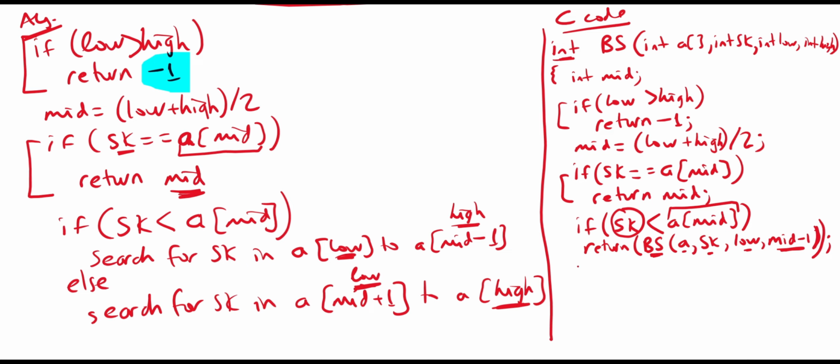And in the else part, I will say return binary search a, search key. Now, if search key is not less than a mid, I need to move low to the right side of mid. Therefore, the new low is mid plus 1, and I will use the current high.